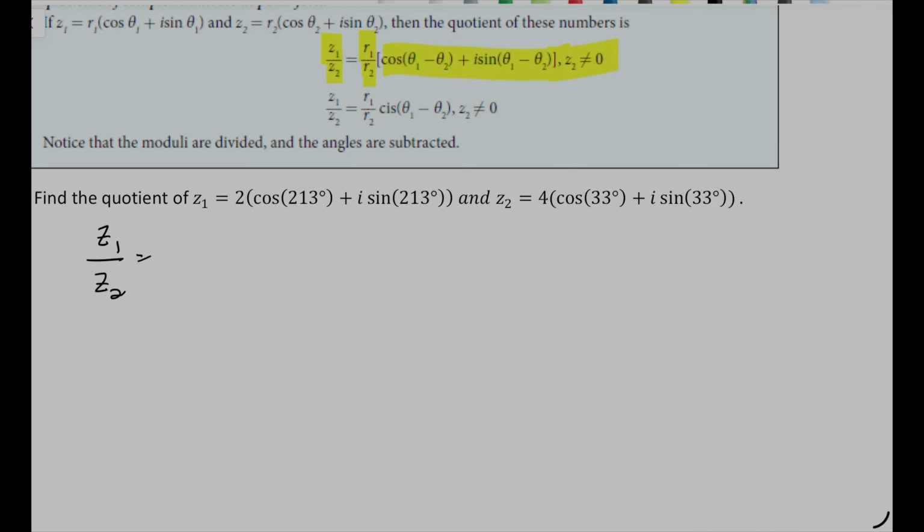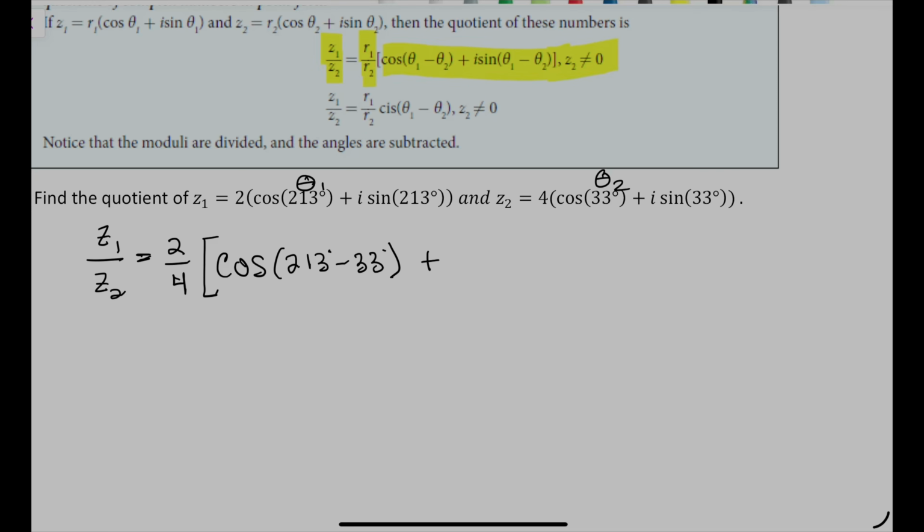We're going to have a 2 over 4 times the quantity cosine of theta 1 minus theta 2. So 213 minus 33, both degrees, plus i sine of the same thing, 213 minus 33 degrees, like so.